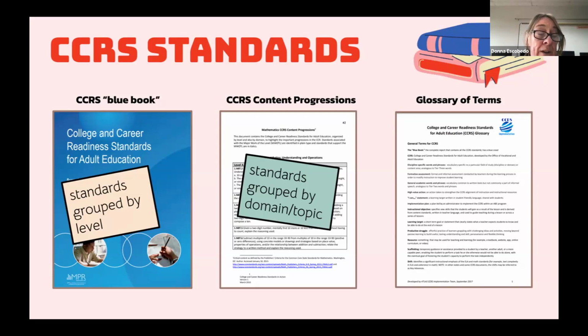So when I look at the standards, I will look at either my blue book that gives you a lot of information, and that is grouped by level. So the A's, B's, C, D, and E, they'll all be grouped. That's very helpful, but my favorite way to look at the standards when I'm trying to start out is the content progression.